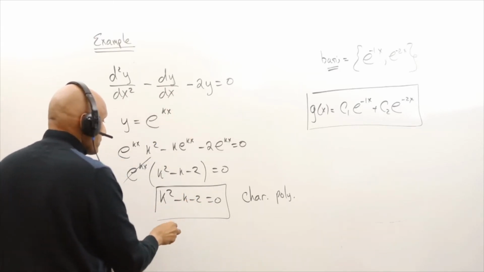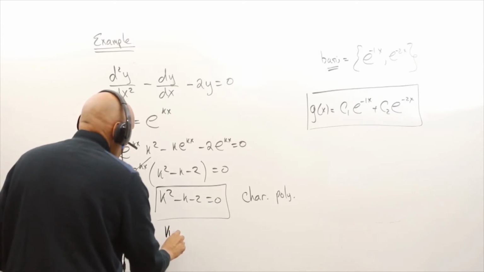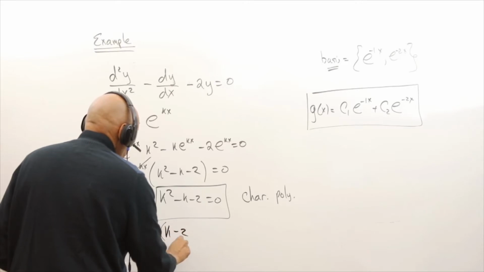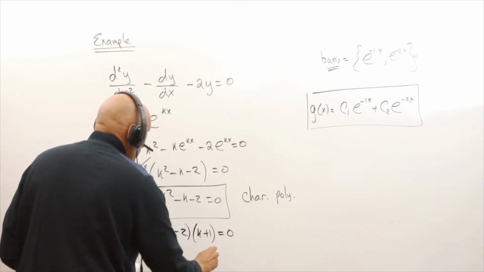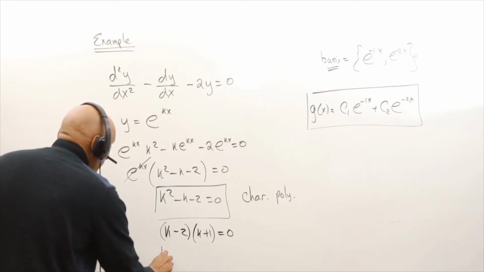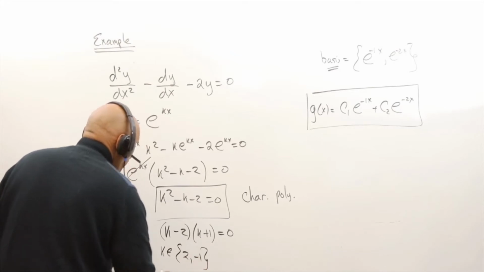I chose this so that it's nice and simple and I could factorize it. We can factor the polynomial as k minus 2 times k plus 1 equals 0. So the solutions for k are in the set 2 and -1.